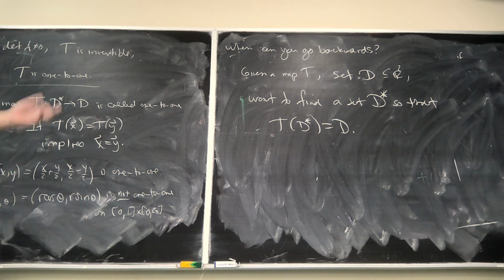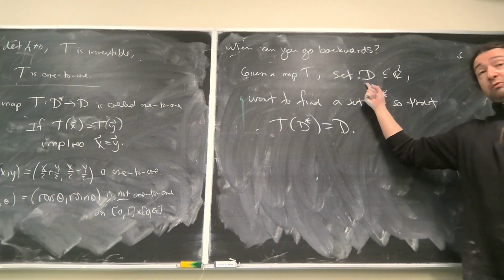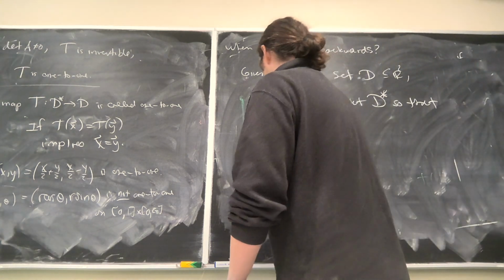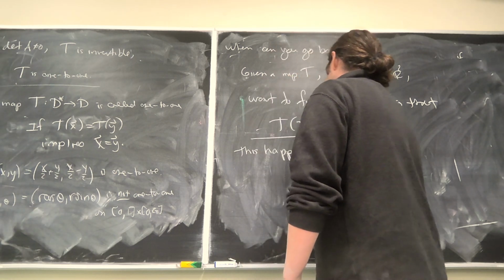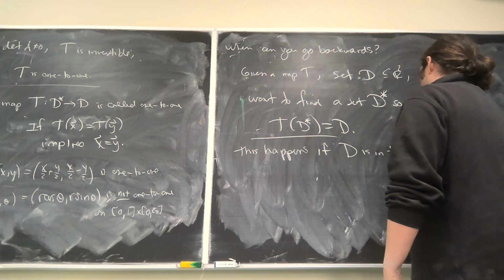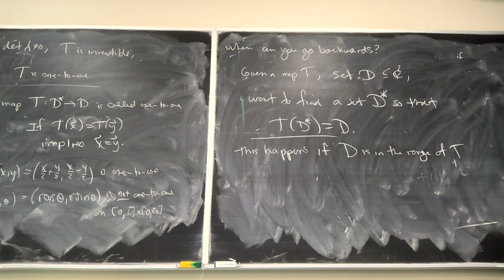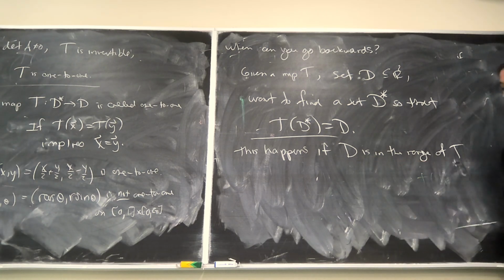Essentially, the condition is that I can do that as long as D is in the range of T. I'm being vague about what domain I'm considering here. I can find some domain of T on which D is in the range of the function.